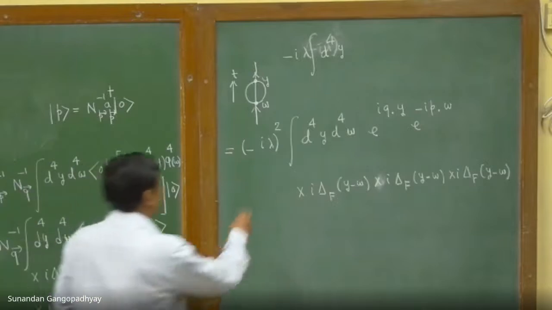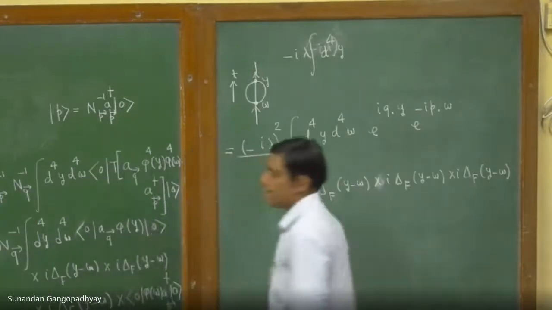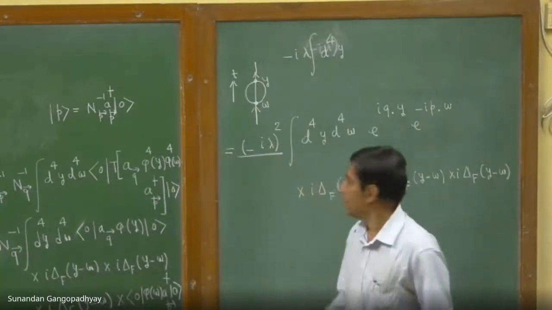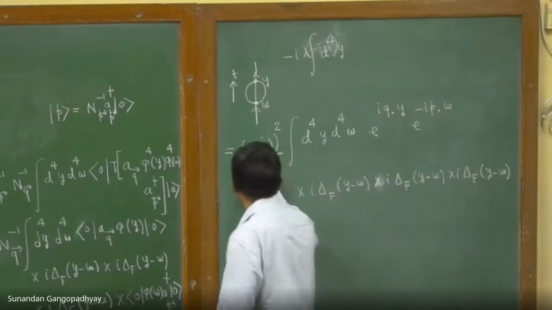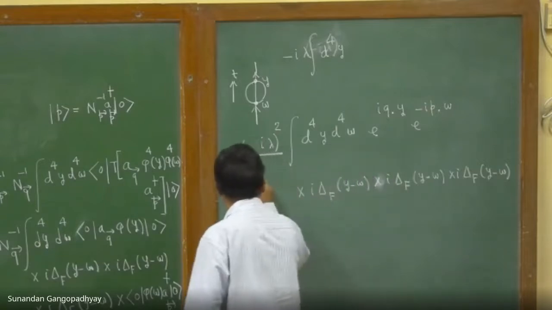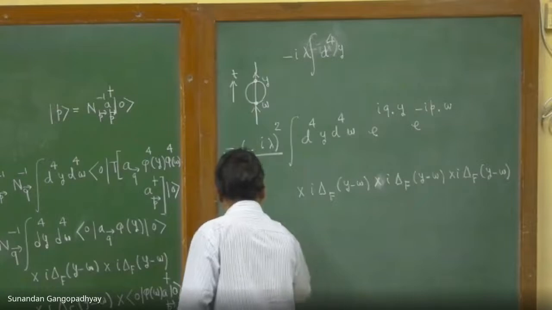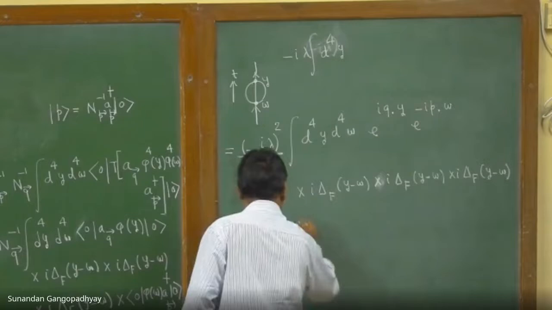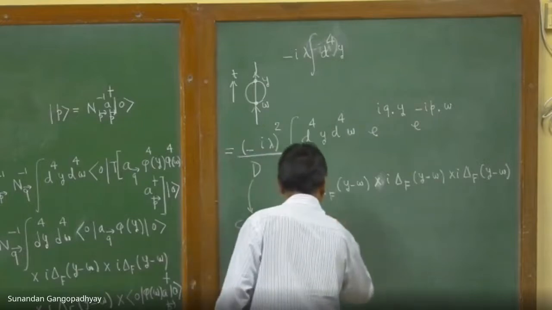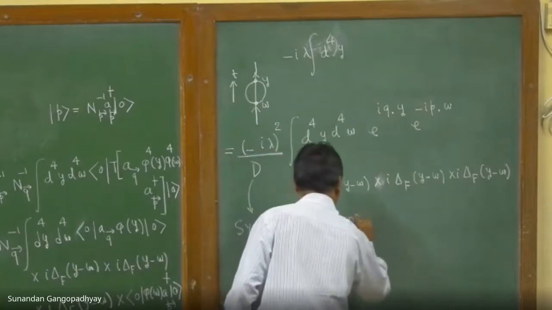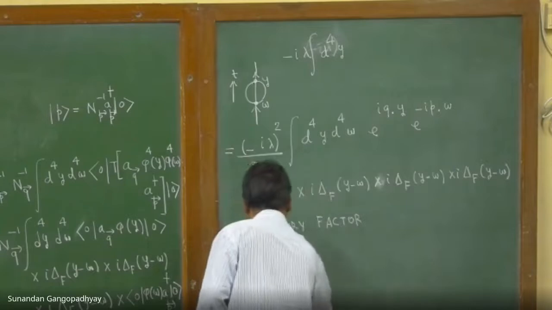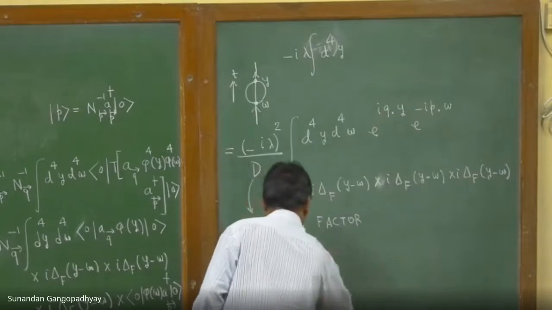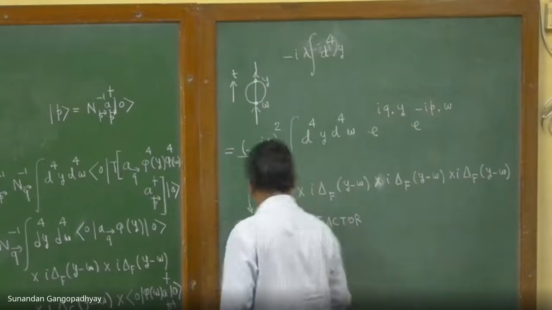But what about this factor? This factor, you just write a factor of D. This is called the symmetry factor of a Feynman diagram.